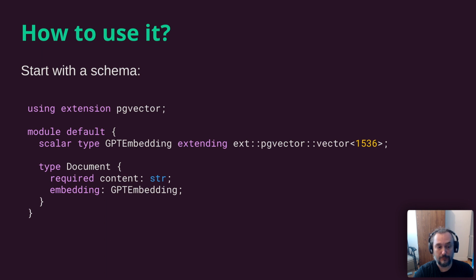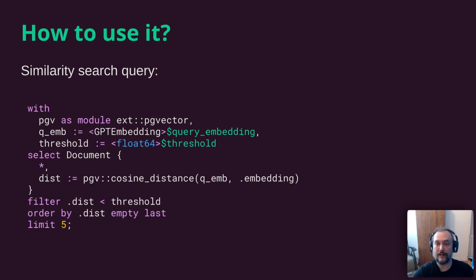Then we create our embedding type by extending the ext::pgvector::vector type and specifying 1536 as the size, and that's just the size of the embedding that OpenAI uses. Finally, we create a document type to store the actual document contents together with the embedding. You can find many tutorials that will teach you how to get embeddings from your text. That part doesn't change much across different applications. Populating the database with these embeddings is also pretty straightforward.